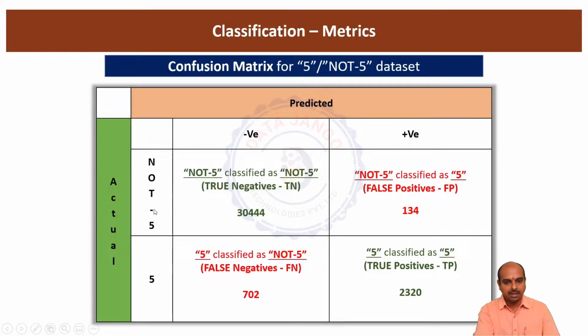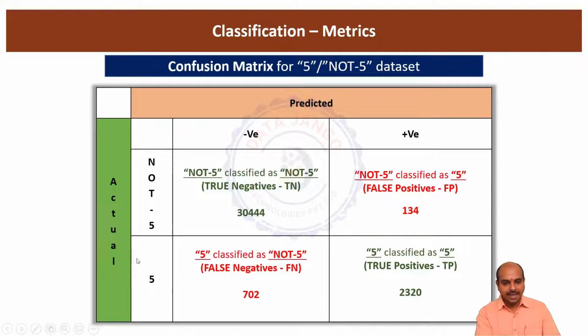For our data set, for our model, we have done it also. If you look at this, there are 30,444 plus 134 not-5 records in the train set, and the model predicted 30,444 records as 0, that is a correct prediction. Not 5 means 0 and 5 means 1, and 134 records it predicted as 1, that means 134 records were wrongly predicted as belonging to 5, even though they belong to not 5.